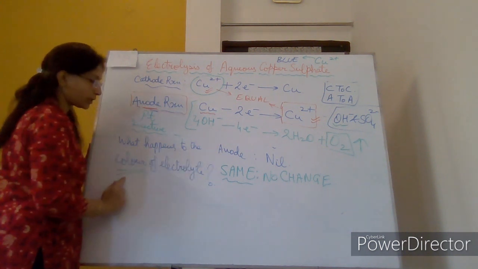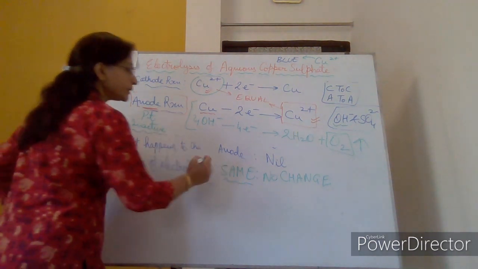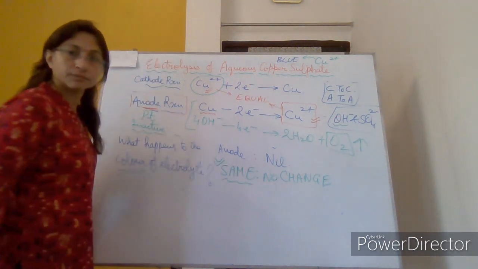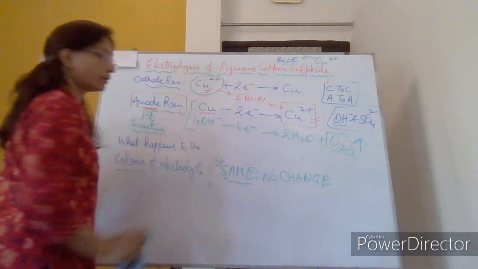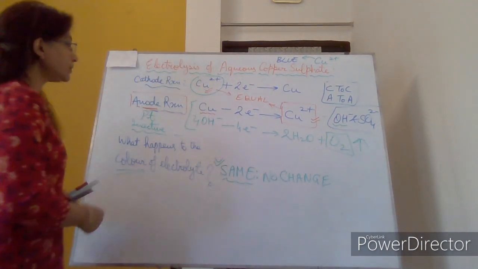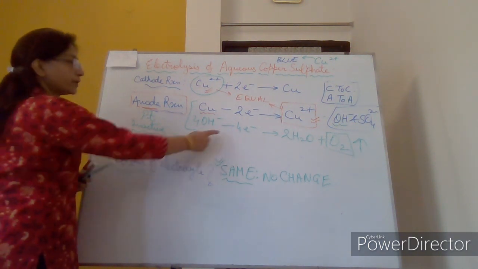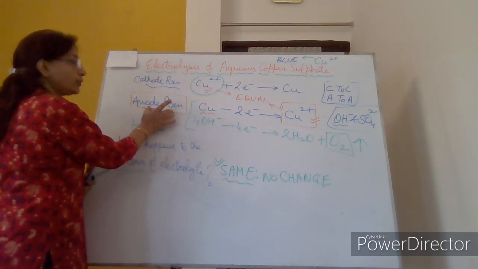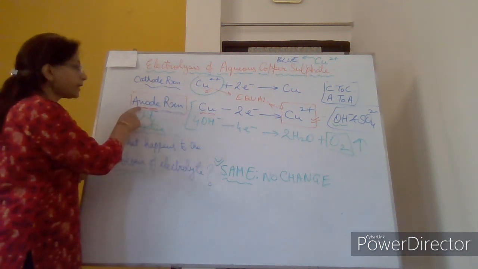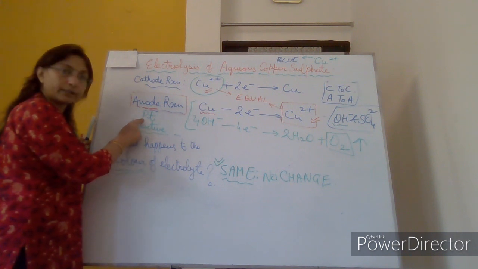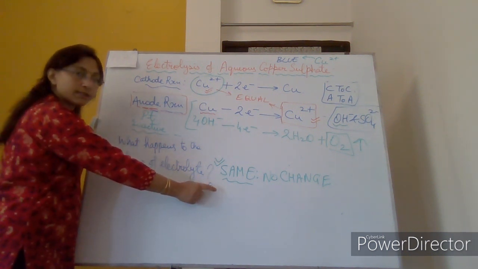Now let us come back to this question. What happens to the color of electrolyte? पहले केस में हमने देखा था that it was same. ठीक है. And can you now tell me what will be the answer to the next question if your anode material has been changed to platinum? अगर एनोड इनएक्टिव हो जाए, प्लैटिनम का बन जाए, then what will be the answer to this? क्या यही आंसर रहेगा?